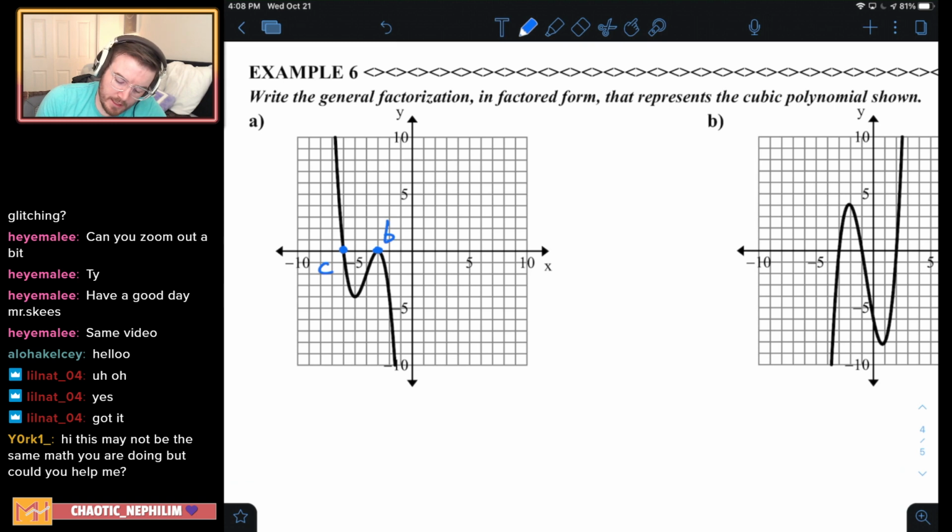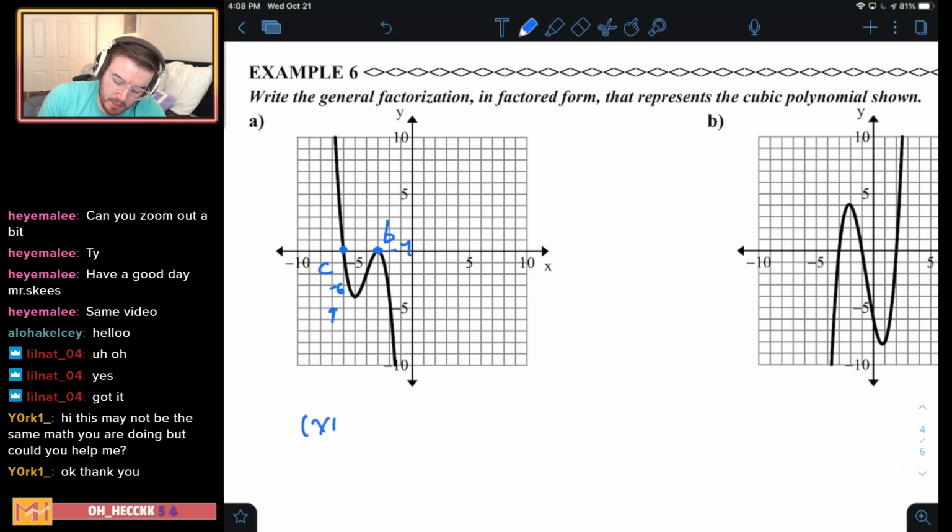So it's crossing and bouncing. So that is crossing at -6 and bouncing at -4. The factor is x plus 6. Please don't forget to take the opposite. The factor is plus 4, all right? It's crossing, so it's just a 1, right? Or nothing, you don't need to write it at all. And it's bouncing, so it's 2.